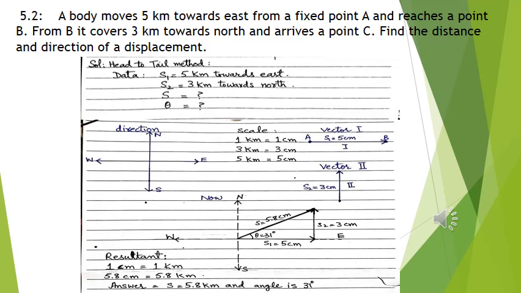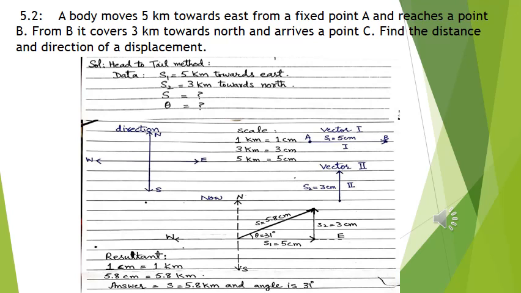Now join these two vectors by head to tail method. First vector is towards east, second vector towards north. Join the tail of the second vector with the head of the first vector. Now you have completed S1 and S2, vector 1 and vector 2 on your direction chart.